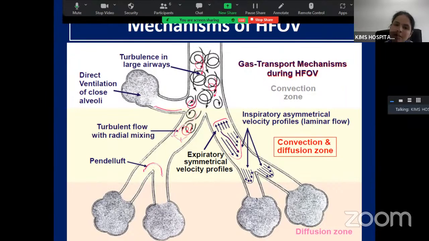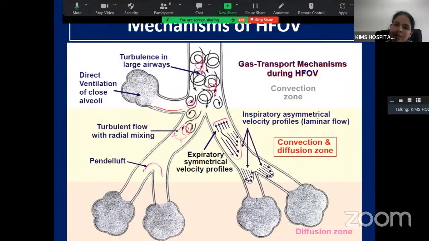Hence, there will be some net gas flow from the alveolus of shorter time constant to that of the longer time constant. Whereas during expiration, the shorter time constant alveoli would rapidly empty also. This again results in gas flow in the reverse direction, from the alveoli of longer time constant to the one with shorter time constant.